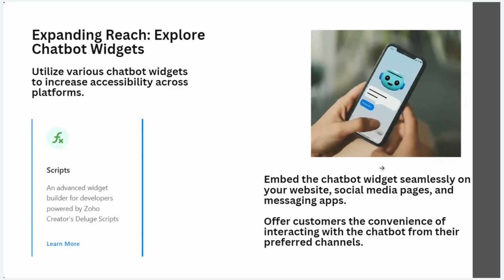We'll get a link which is nothing but a widget, and we can embed this widget like we have embedded the widget in website. We can also embed this link into social media pages and also social media chatting apps, which will offer customers the convenience of interfacing with chatbot from their preferred channels.